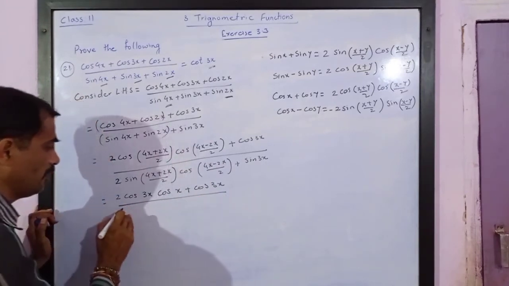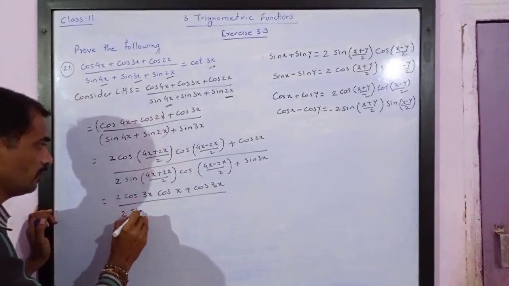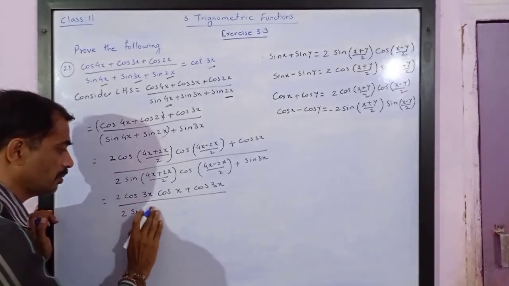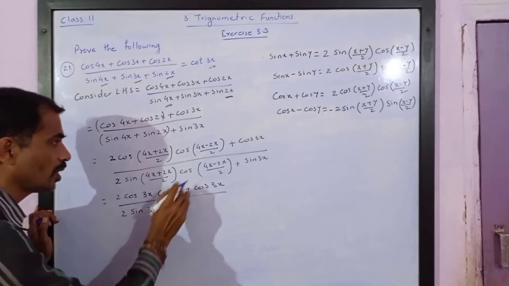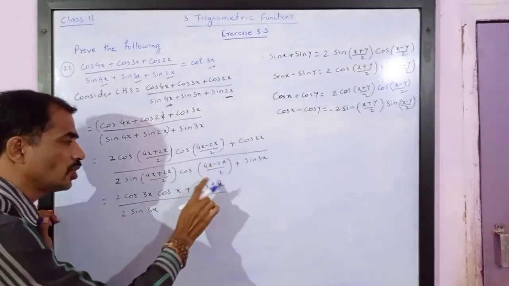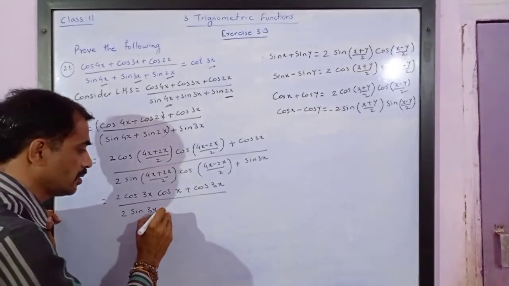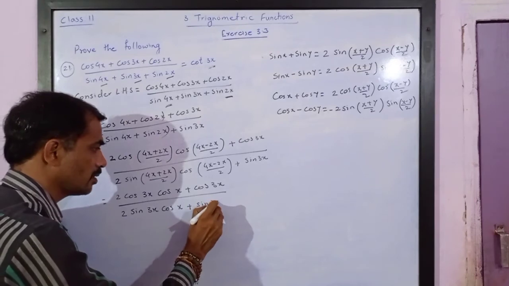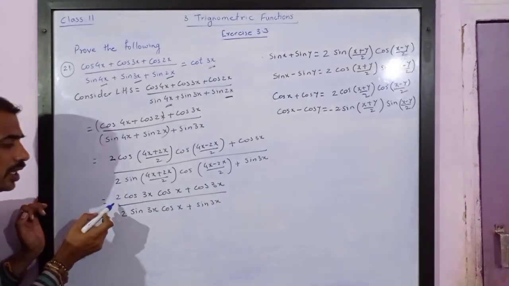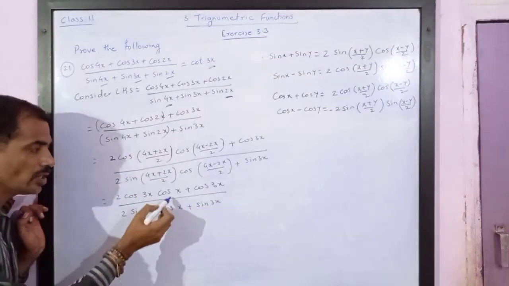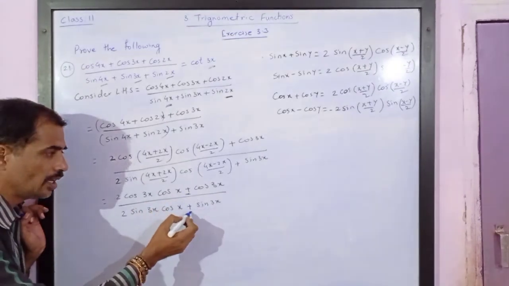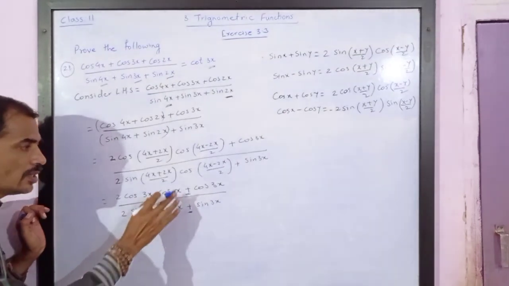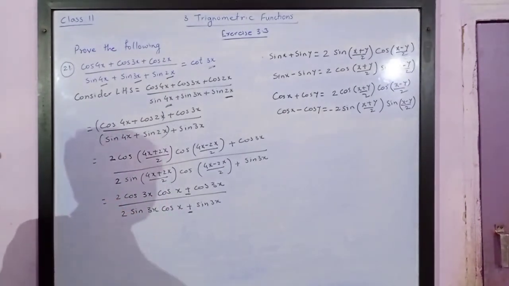At the denominator I have 2 times sin of 4x plus 2x is 6x, 6x upon 2 is 3x, into cos of 4x minus 2x is 2x, 2x upon 2 is x, plus sin of 3x. Now watch carefully. I cannot eliminate 2, I cannot eliminate cos either. The reason is the plus sign. This plus sign is there. So I cannot eliminate this. For this there must be only one term.